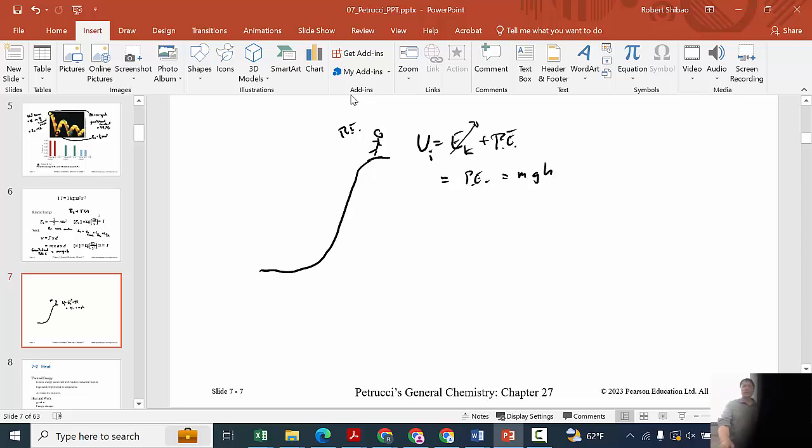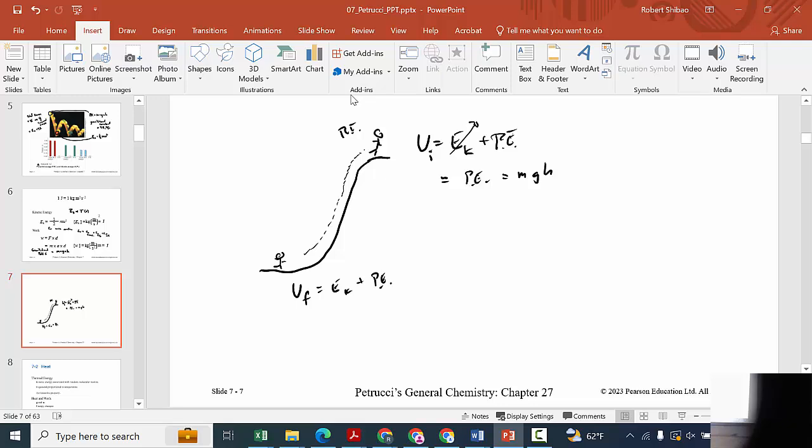Okay, as you slide down, what happens? As you slide down, you end up at the bottom of the slide. If you end up at the bottom of the slide, what's the U final here? U final is equal to the kinetic energy plus the potential energy.